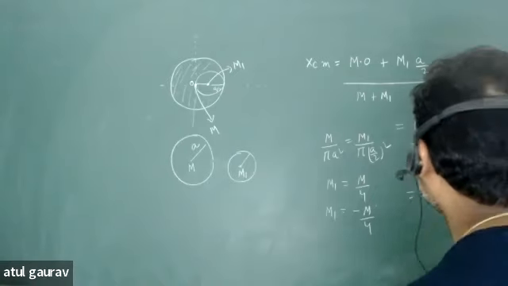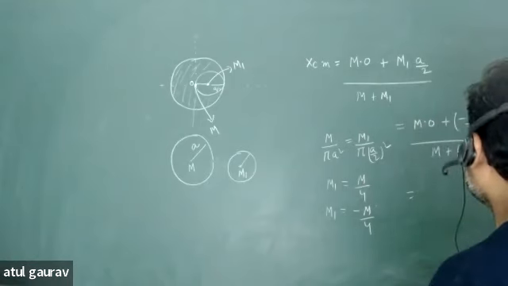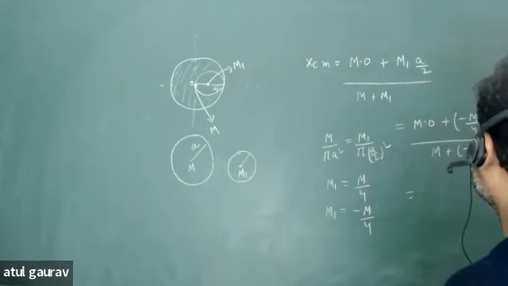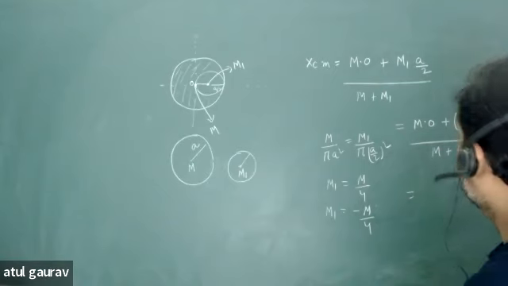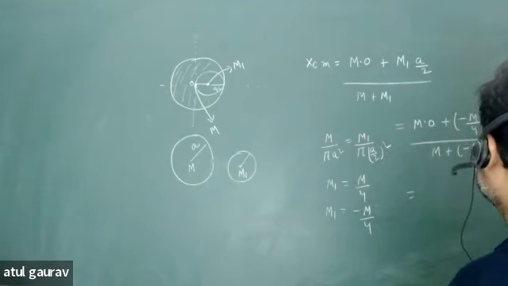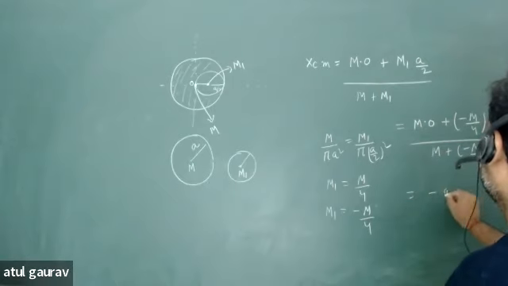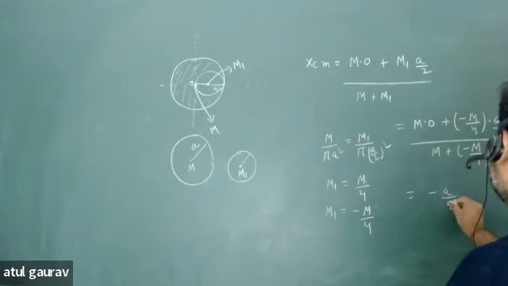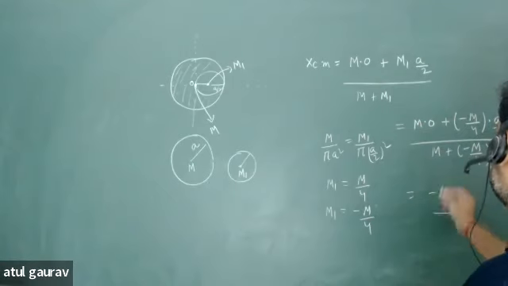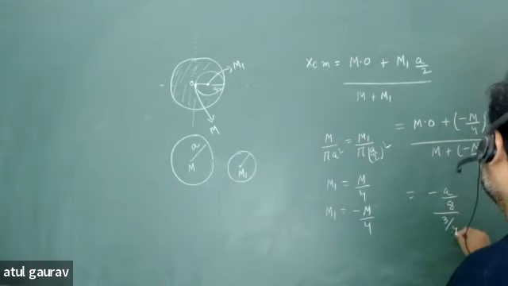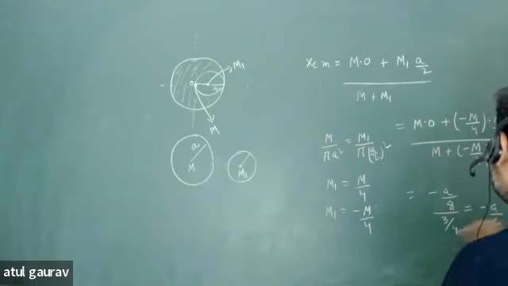What is coming? Minus 3a by 2. How much is it coming? So minus a by 6. Minus a by 6, 3 by 4, right? So this will be minus a by 6.